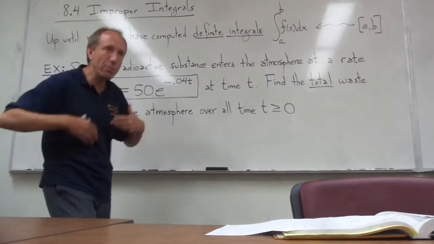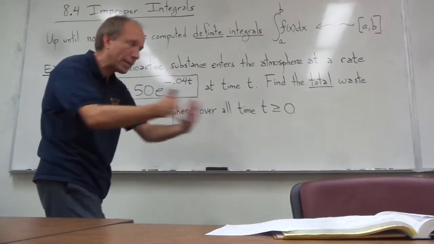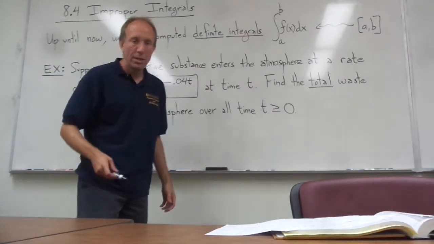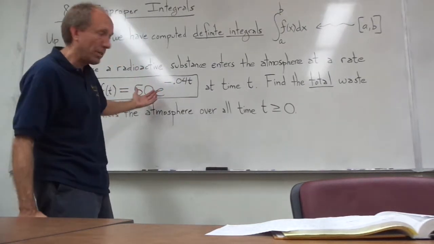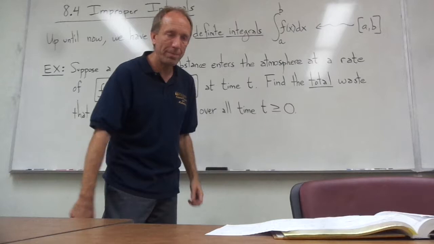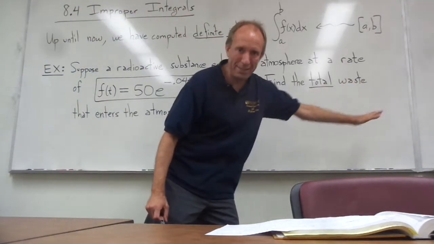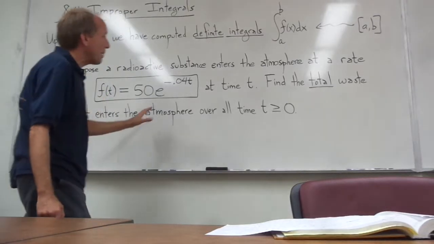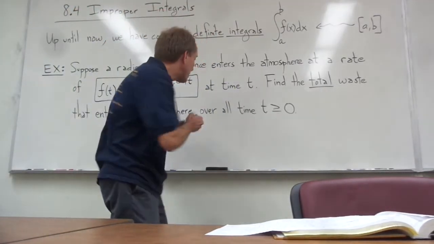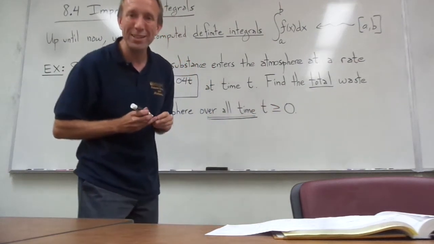I'm giving you the rate at which this radioactive waste is entering the atmosphere at any given time. So this is a rate of change of the amount of this substance that's in the atmosphere, right? The question is to find the total amount of waste that enters the atmosphere over all time, over all time greater than or equal to 0.